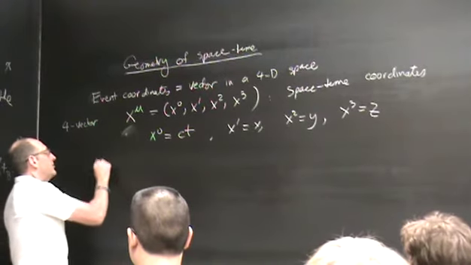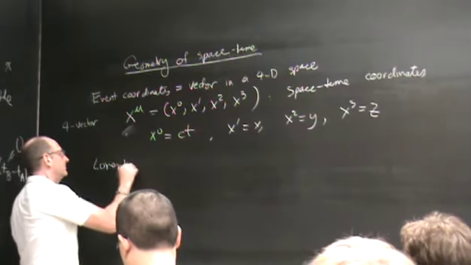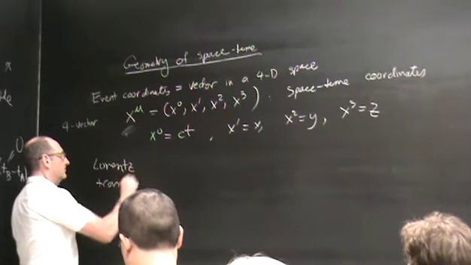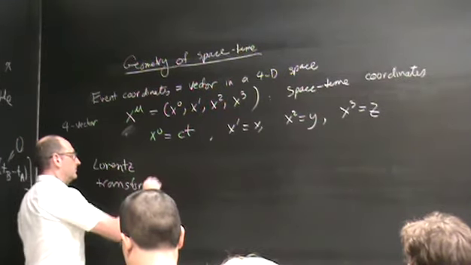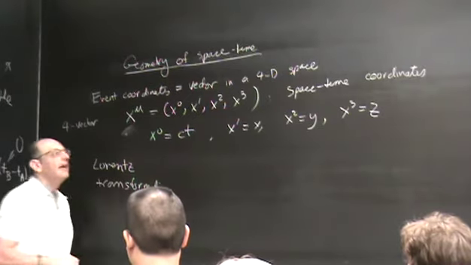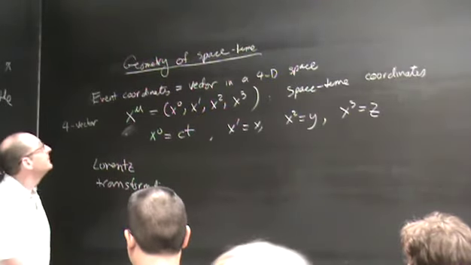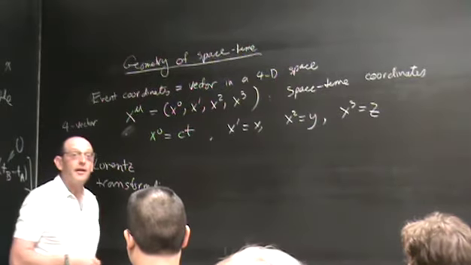So a Lorentz transformation is a linear transformation on the space-time coordinates.